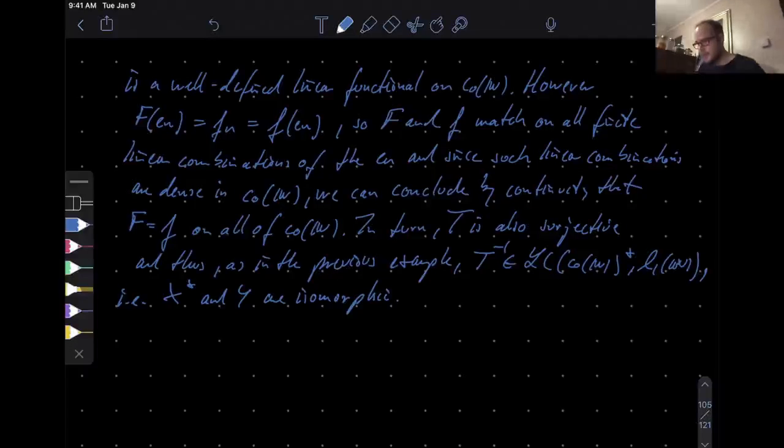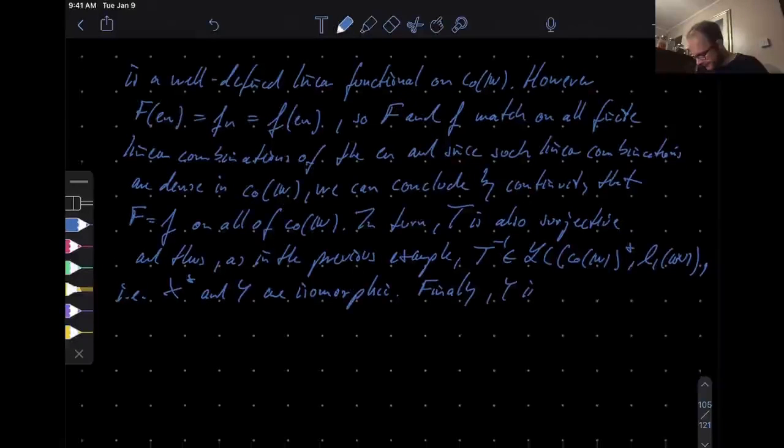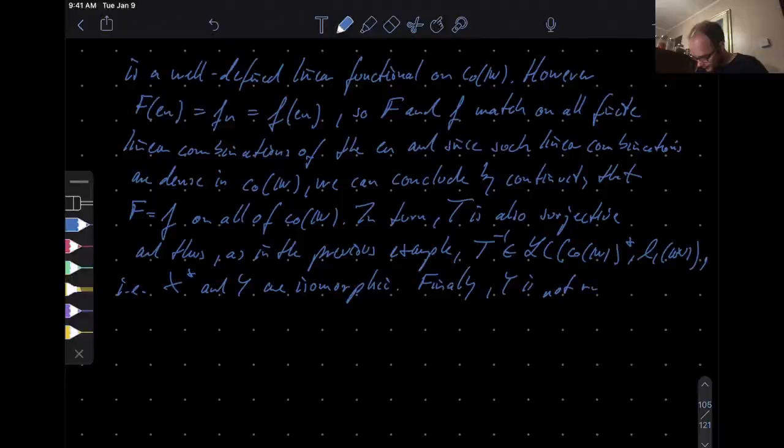Now about the reflexivity, we don't have to do much more about this. Finally, by the last example, Y is not reflexive. So anything isomorphic to it is also not going to be reflexive. This was one of the propositions before we started those examples.